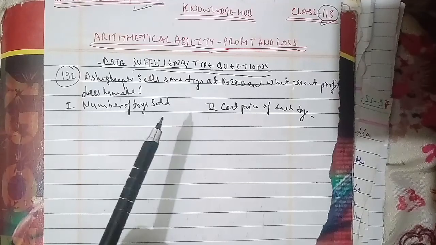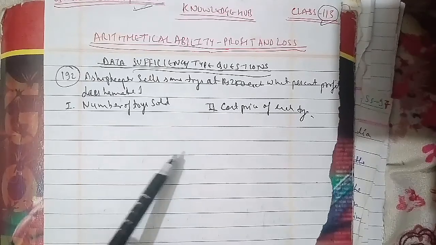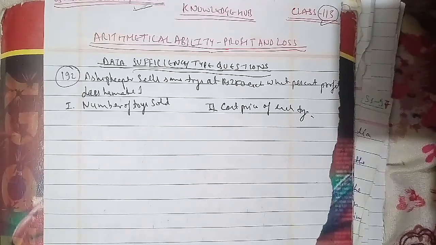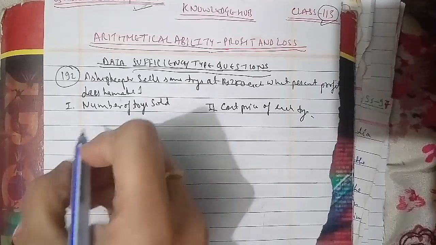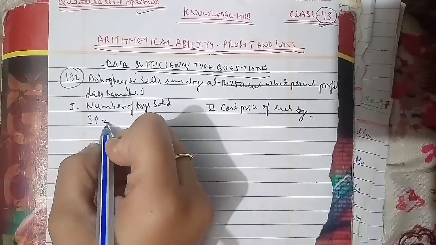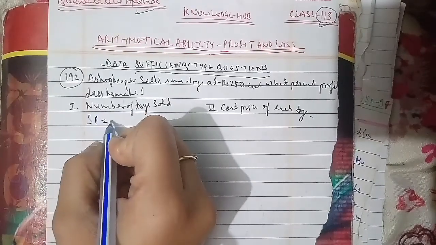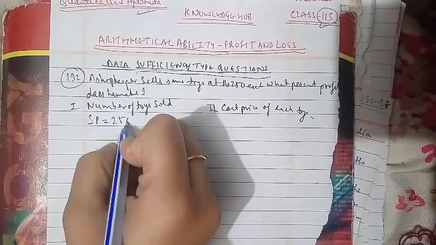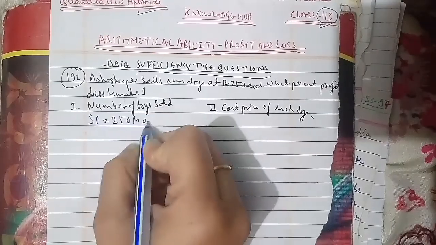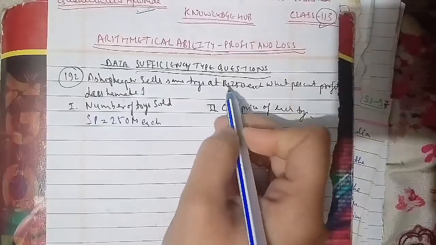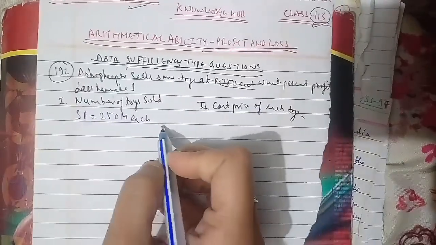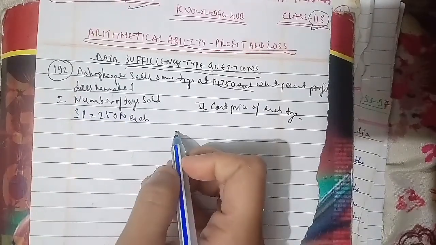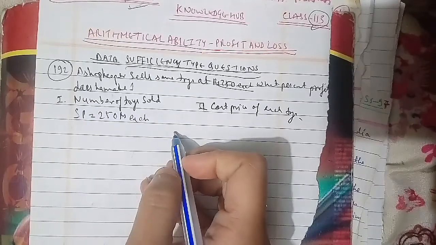Here the selling price is equal to 250 rupees each. To find the gain percent, we must have the CP of each. So the correct answer is option B, the second statement is required.